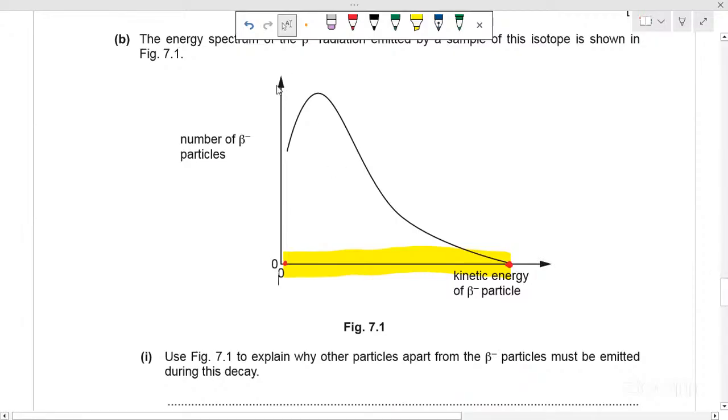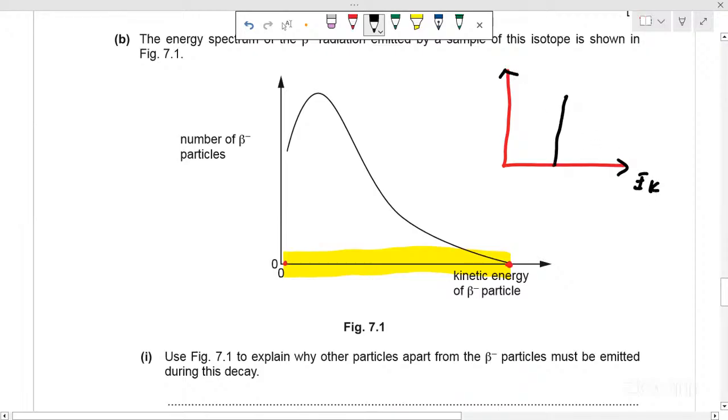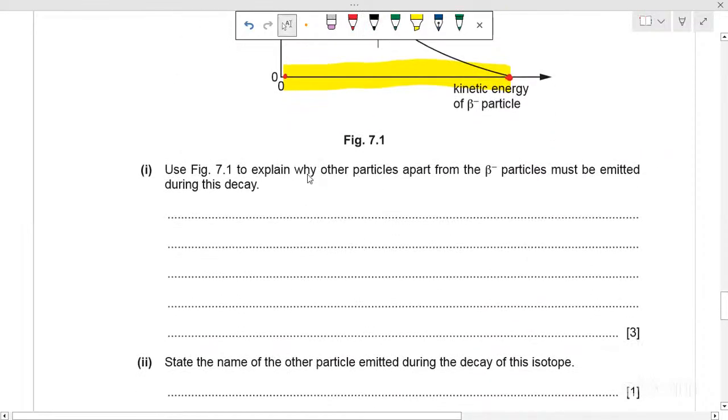As you know, alpha particles have a specific kinetic energy. All alpha particles will have this specific kinetic energy. But in this case, there is a range of kinetic energy. Different particles have different amounts of kinetic energy. So we have to explain why this has this type of shape, and why other particles must be emitted.